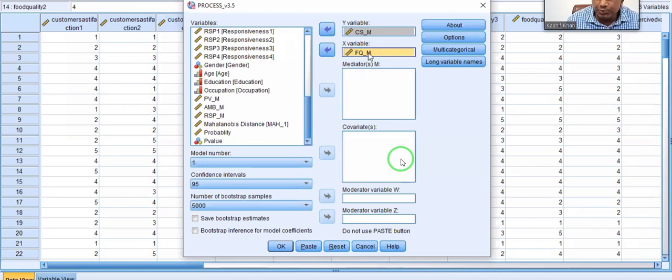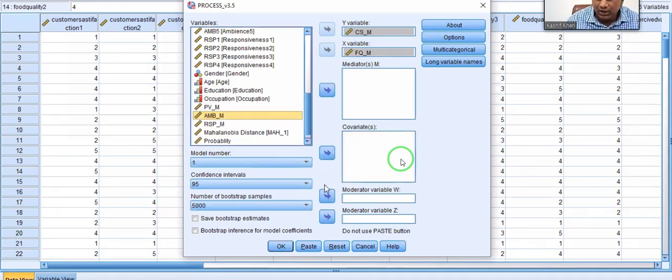Let's say that ambience is the moderator. We are saying that the customer is satisfied as a result of food quality. However, we believe that the ambience in the environment where they sit has an effect on their mood as well, so it's another variable. We believe it's a moderator and it moderates a relationship.